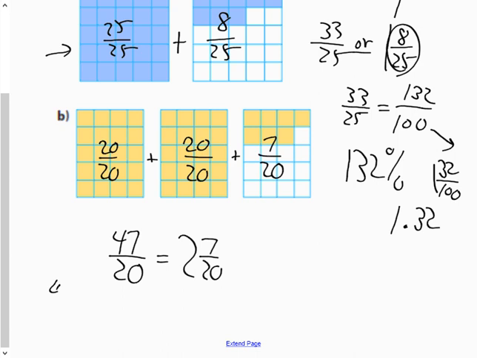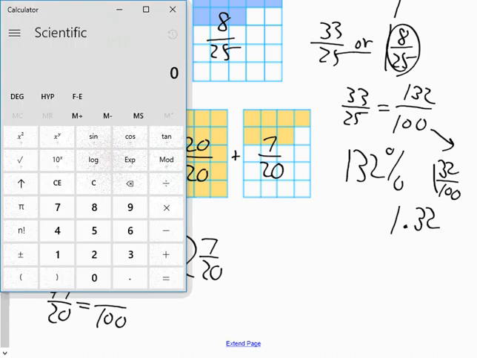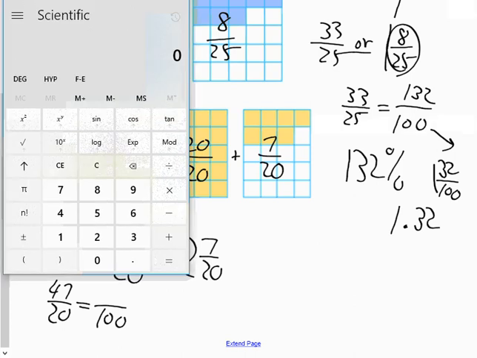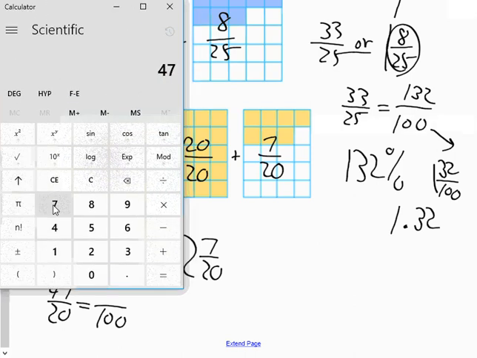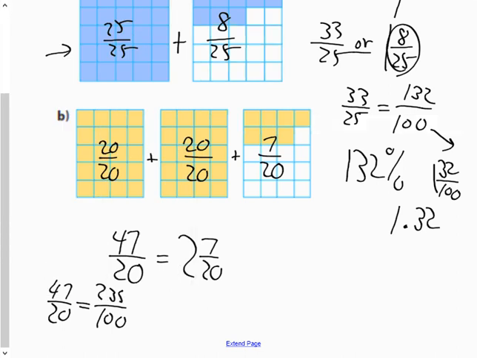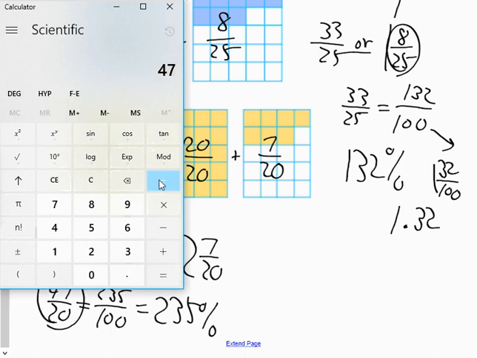Which, if I take this 47/20 and make it into an equivalent fraction out of 100, I'd have to multiply 47 by what number to make that equivalent fraction? 5, right? So 47 multiplied by 5 is 235, which is 235%. And if I take this and just straight up use division, because I just need to create a decimal, 47 divided by 20 will tell me the decimal of 2.35.